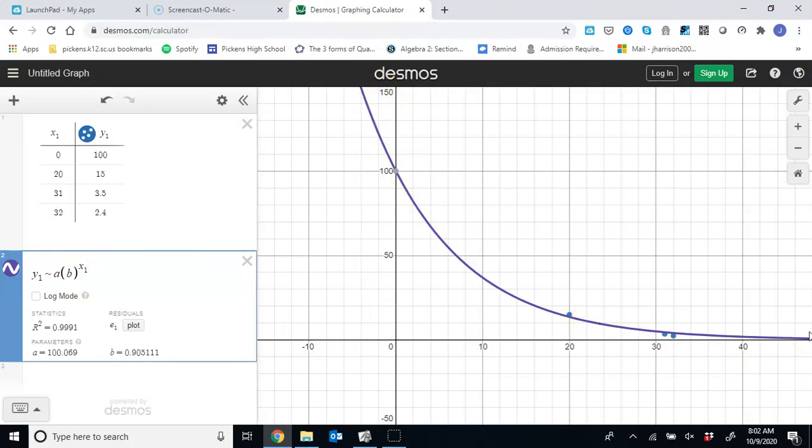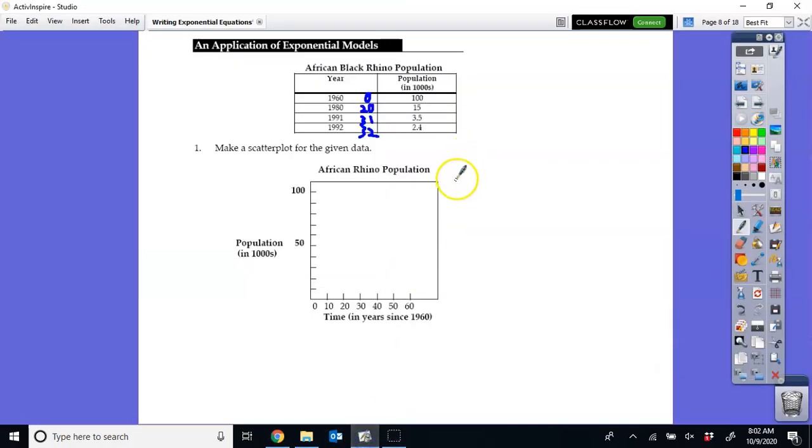It also tells me that a is 100.069, b is 0.905. So what that means is my equation here would be y equals 100.069 times 0.91 raised to the t power, or if you want to use x there, you can use x there.